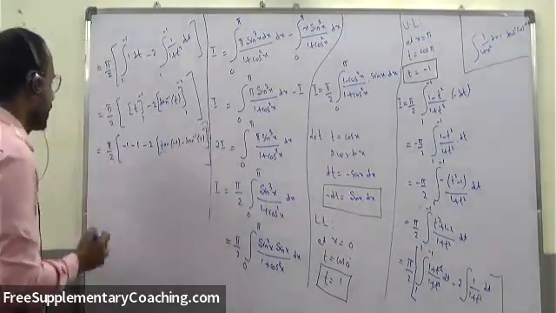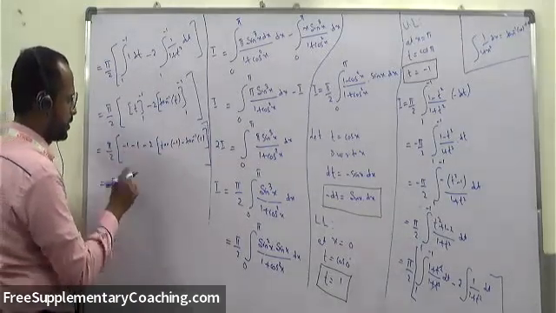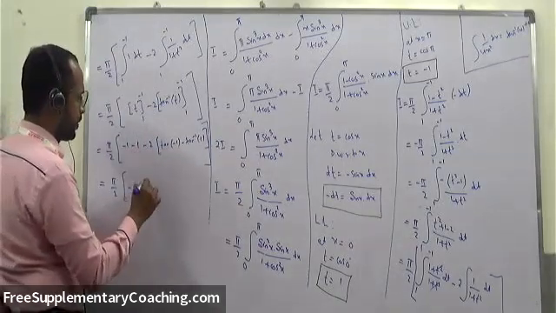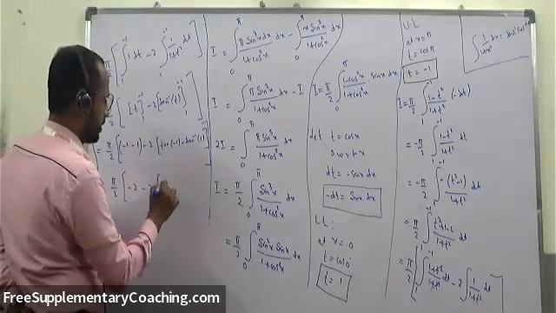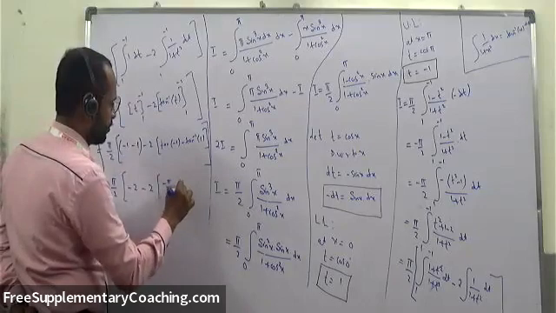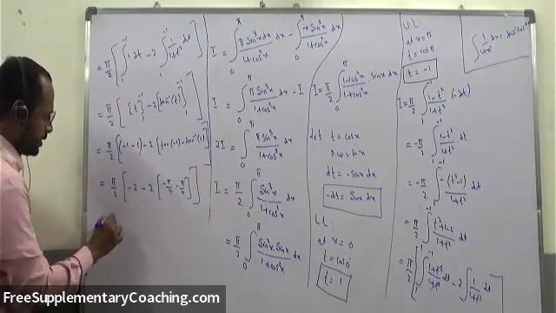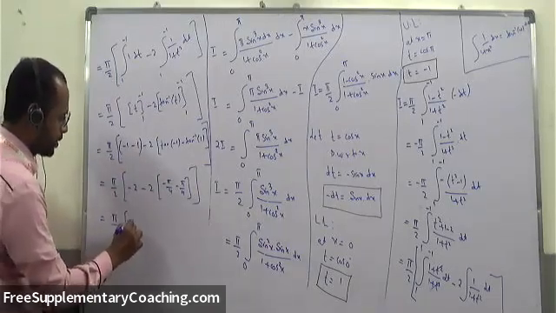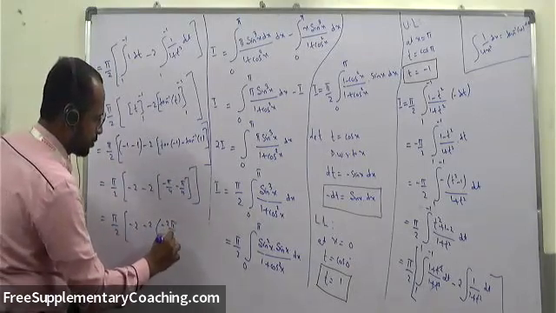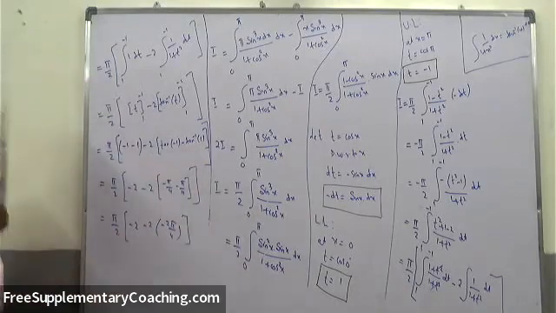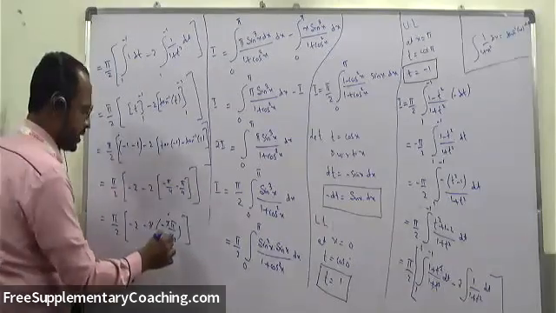So this I can write pi by 2 into minus 1 minus 1 is minus 2, minus, take this also in bracket, minus 2 into minus pi by 4 minus pi by 4. So what is this? This is pi by 2 minus 2 minus 2 into minus 2 pi by 4. The 2 and 2 get cancelled, and again these two and these two get cancelled.